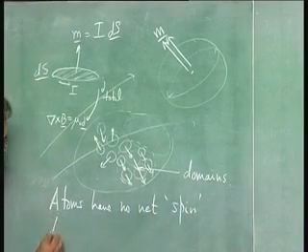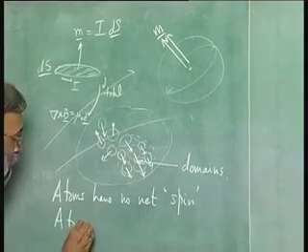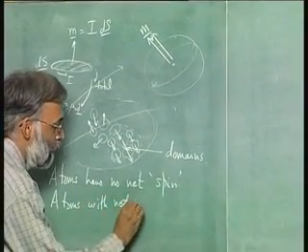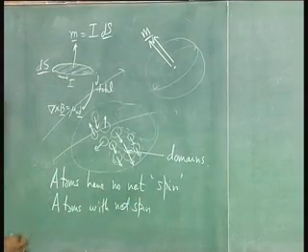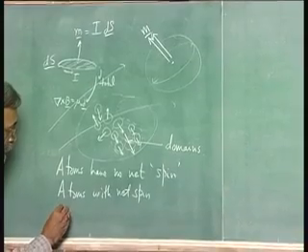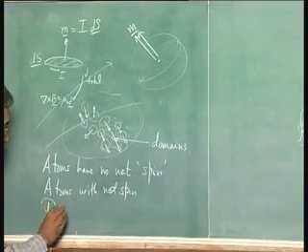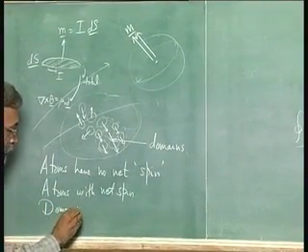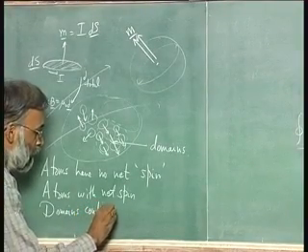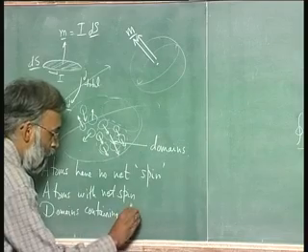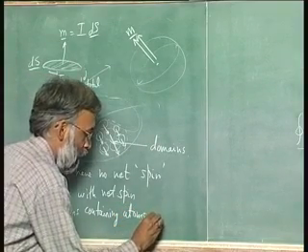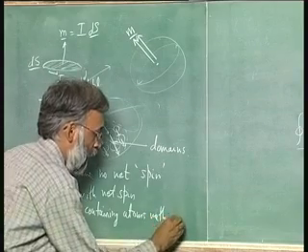Then I have atoms with net spin, and then I have domains containing atoms with aligned spins.